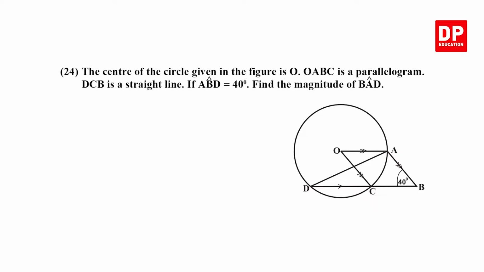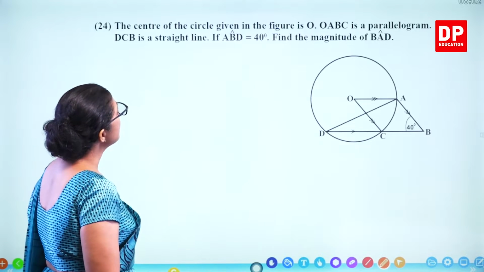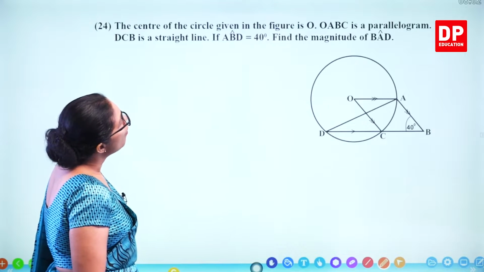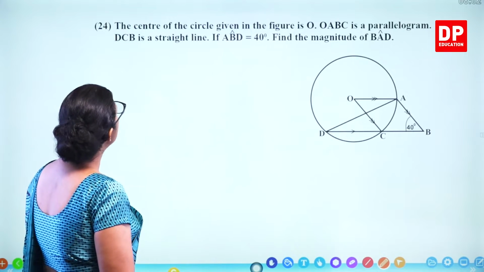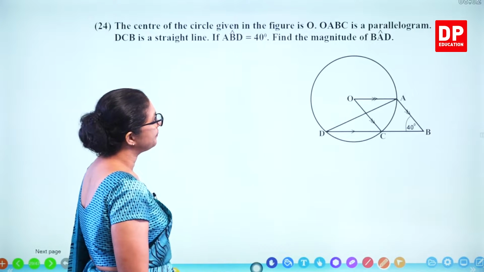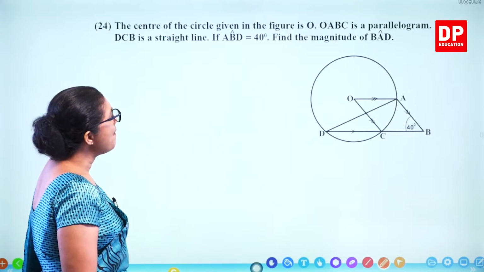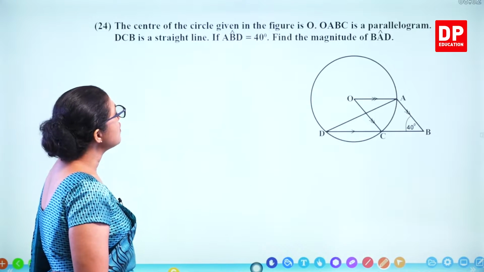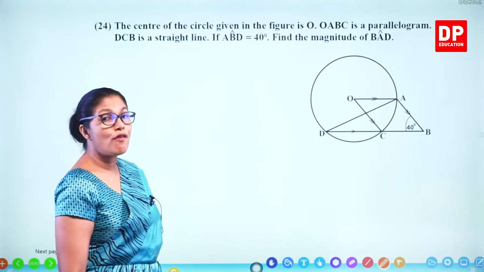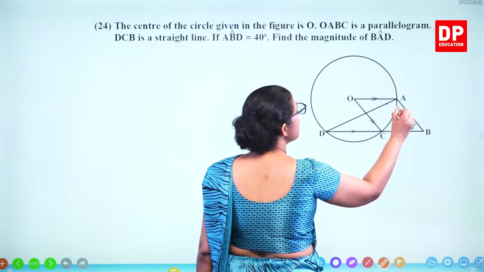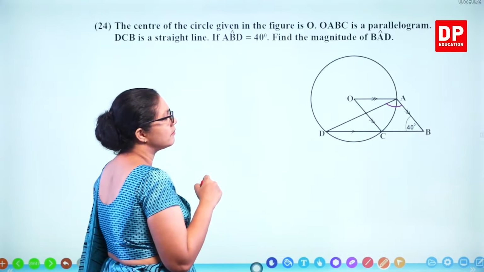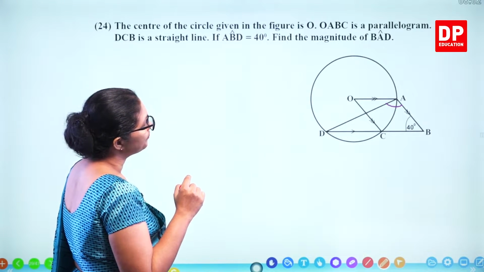Question number 24. The center of the circle given in the figure is O. OABC is a parallelogram, already marked. DCB is a straight line. If ABD is 40 degrees, find the magnitude of BAD, this angle. What can you say?